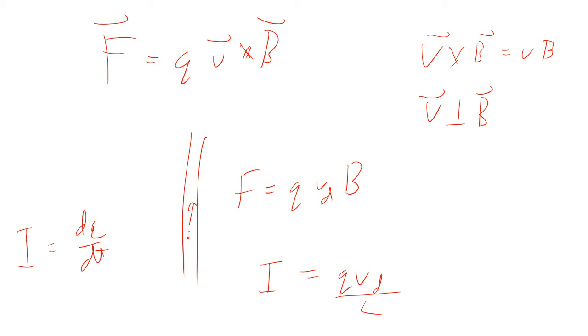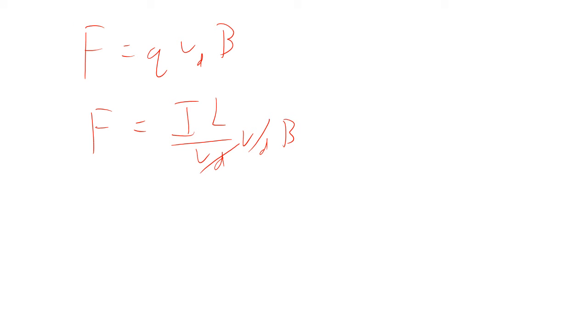So if we plug that in for Q right here, F equals Q V sub D B, that's I L over V sub D times V sub D B. The drift velocities cancel, and so the force on the wire is I L times B.